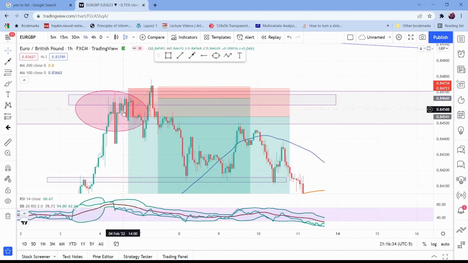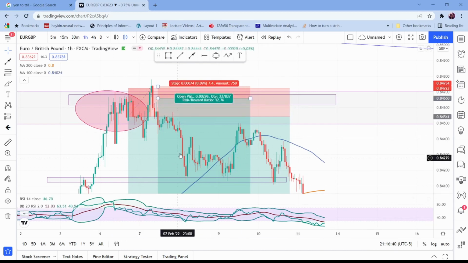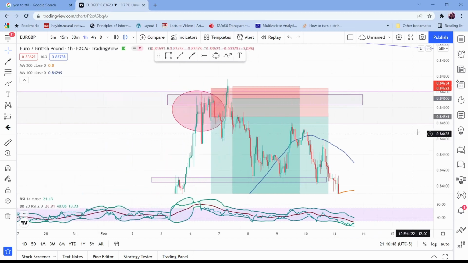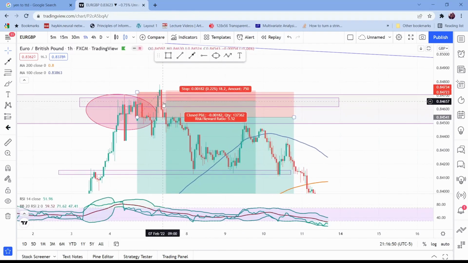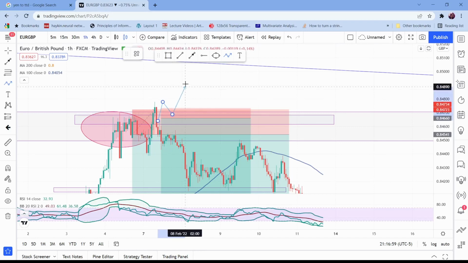Once we did see another rejection here, we had a bias that we're going to continue seeing that downward play. But as you see, price did come here and retest even higher, but then we did have another clear break. At that point, I did enter a setup right around here because given the fundamentals and the technicals, there was nothing to indicate that price is going to continue up.